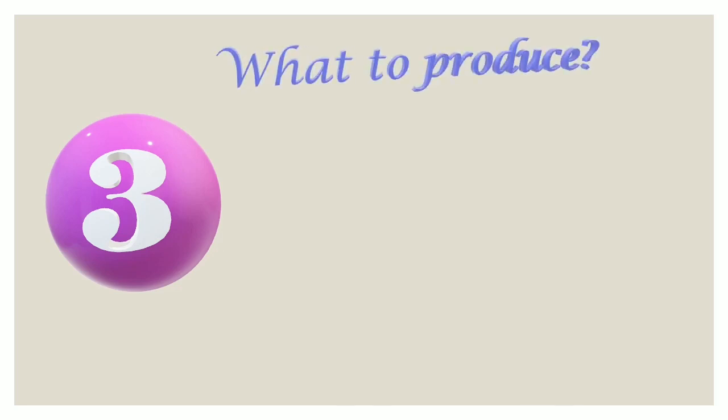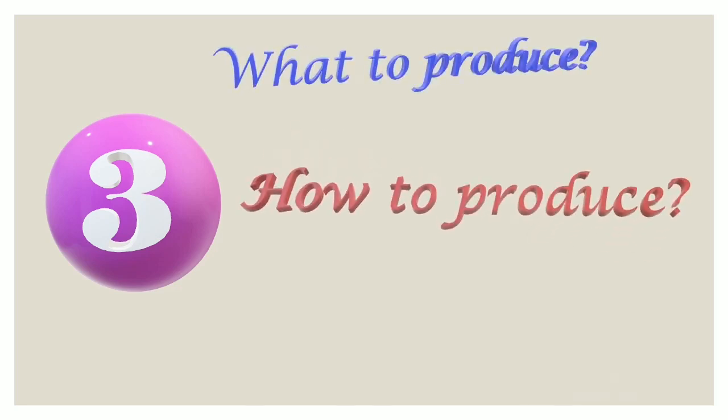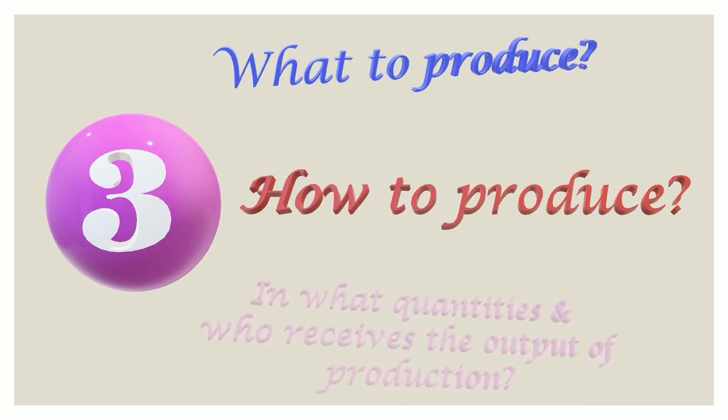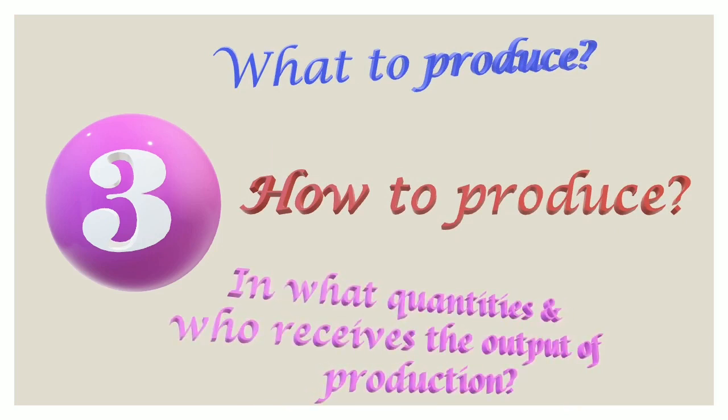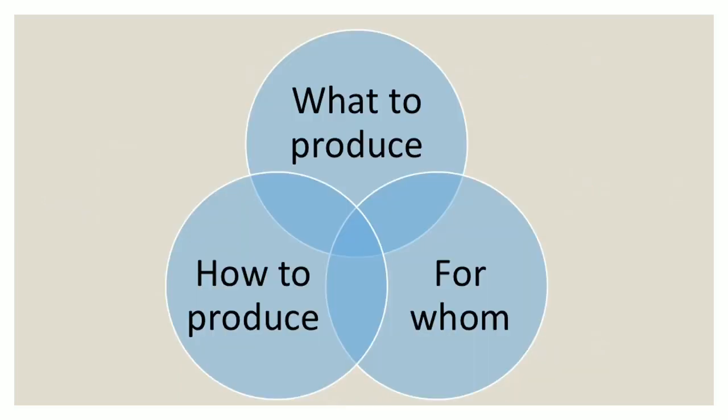All economic systems have three basic questions. They ask what to produce, how to produce, and in what quantities and who receives the output of production. Basically, it is what to produce, how to produce, and for whom.